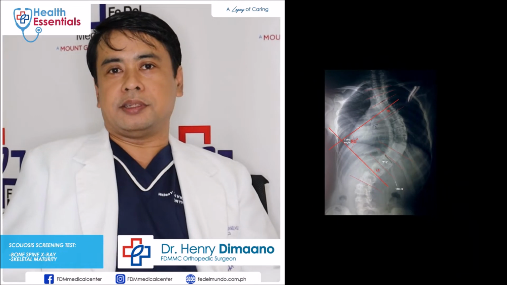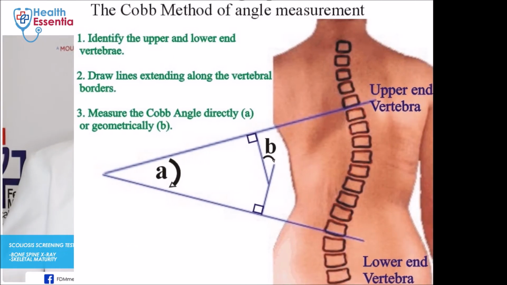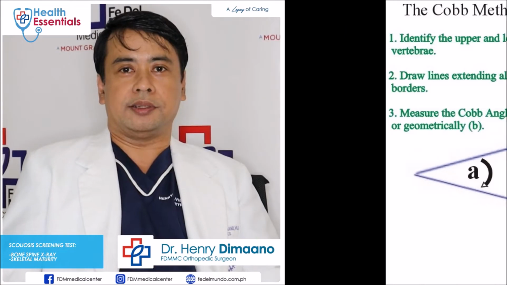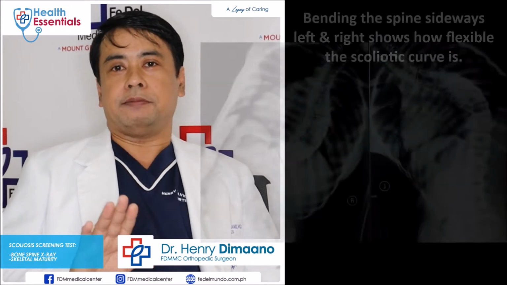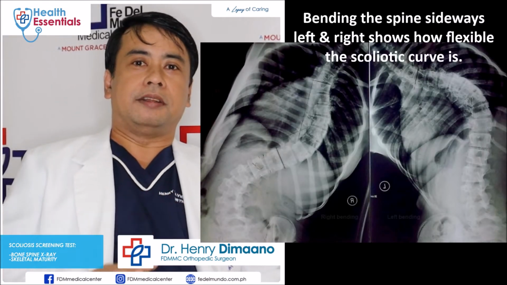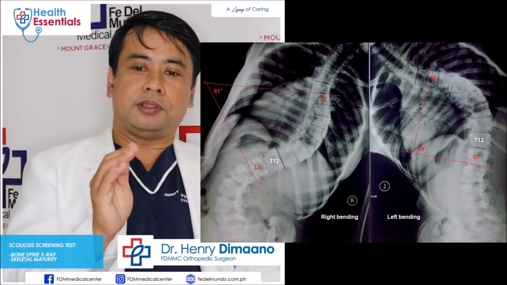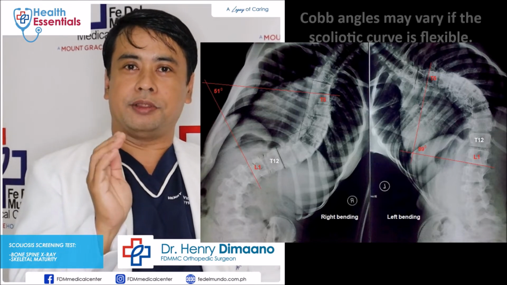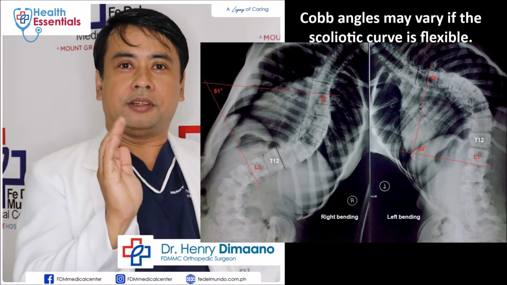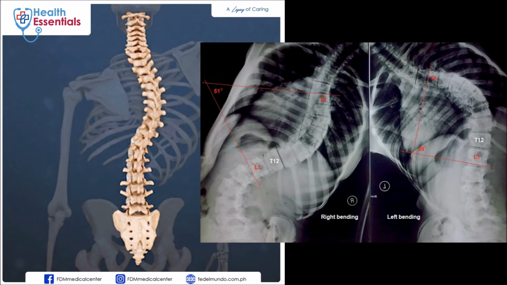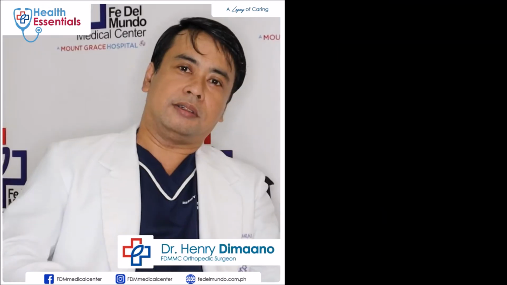We try and measure this angle year after year, or sometimes even twice a year, to see whether it's progressing or not. We also make the patient bend sideways, left and right, and take X-rays because we want to see whether the curve is flexible, whether it will uncurve a bit when you bend on the convex side, and whether it will become even more curved when you bend on the concave side.